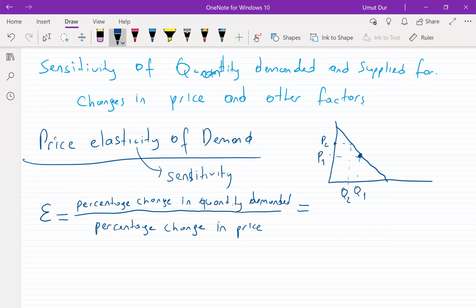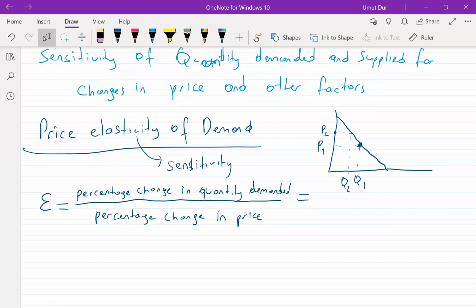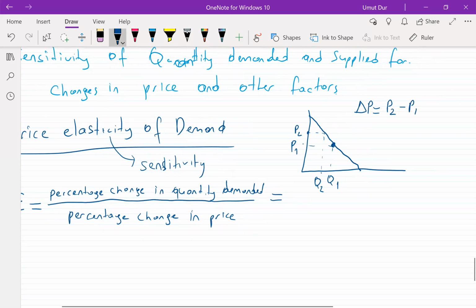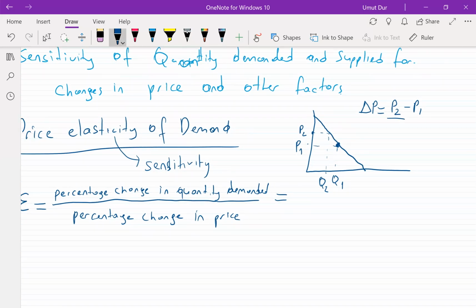Okay, so first of all, the change in the price we denote by delta P. The change in the price is P2 minus P1. So there is an increase in the price. Since we are looking for the percentage change, we will divide it by the initial price. Sorry, it is misleading.